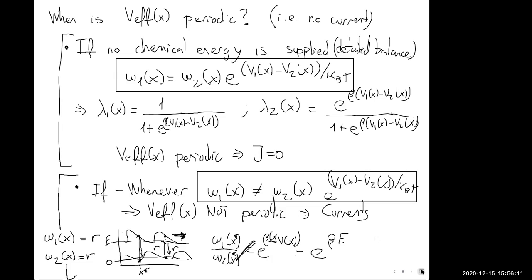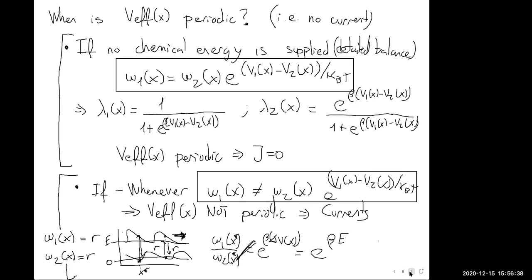So I give you just one case, which is the case of ATP hydrolysis. This is one model of ATP hydrolysis, which breaks detailed balance. Okay, so ATP can make these switches.